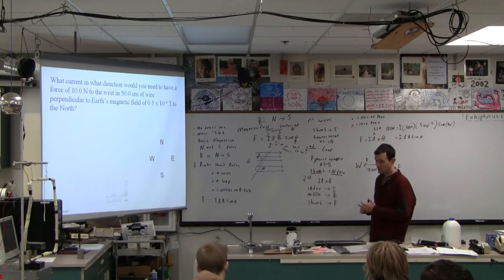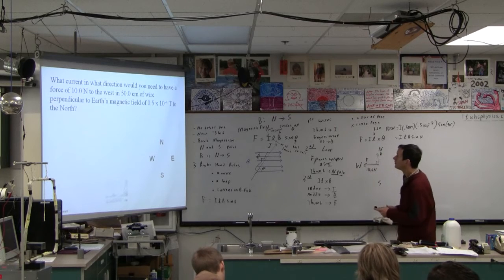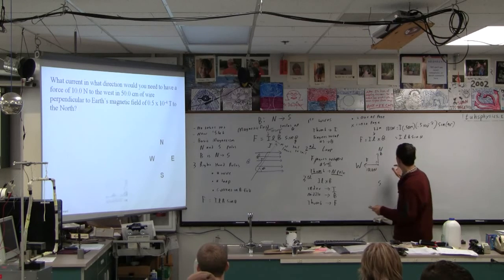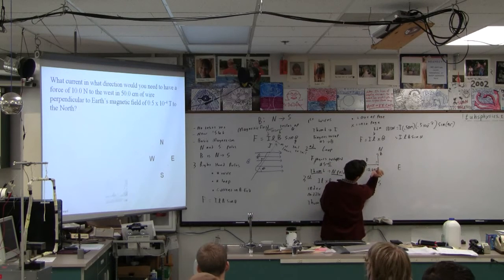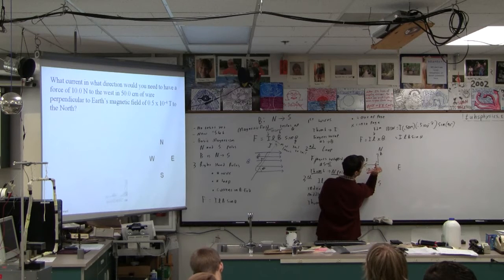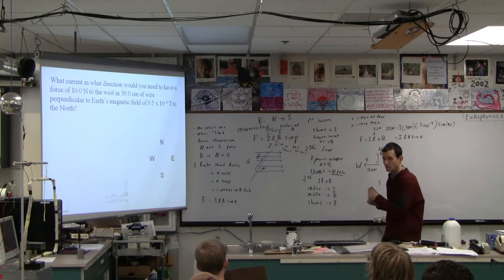So now you're just solving for I. What current? Thumb is this way. Magnetic field is that way. Which way is the current flowing? Directly upward? Yeah, there we have it.